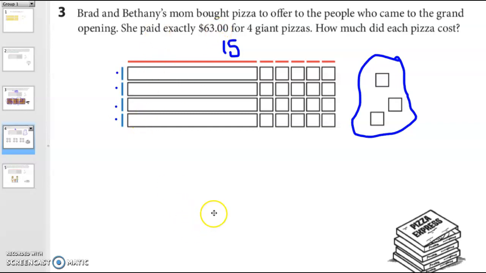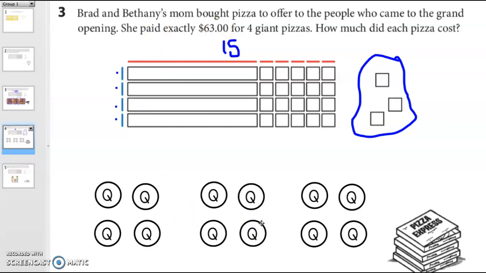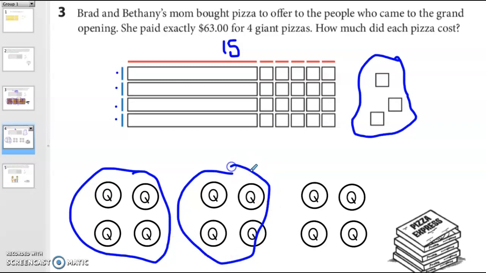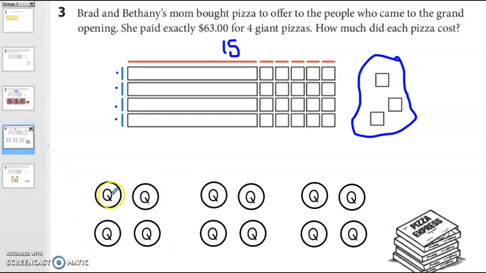We can use the same strategy that we just used, because I know that with these 3 extra dollars, here's one of the dollars, 4/4. Here's another dollar, 4/4, and here's that third dollar. 1, 2, 3 extras, $1, $2, $3. And we've split them up into 4ths again. So one of the pizzas must have that.